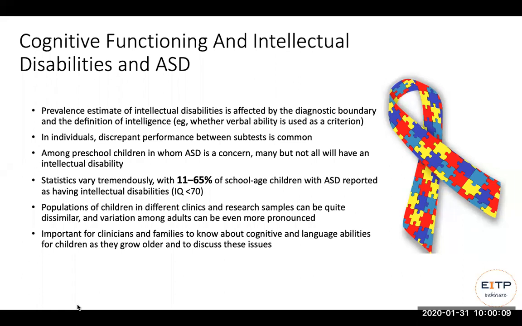However, we need to be very careful, because some kids that are very delayed in communication or in play or in overall development click when they are 4 to 5 years of age. Then they start looking like they can learn and do a lot of things, and they don't fit the criteria of intellectual disability.